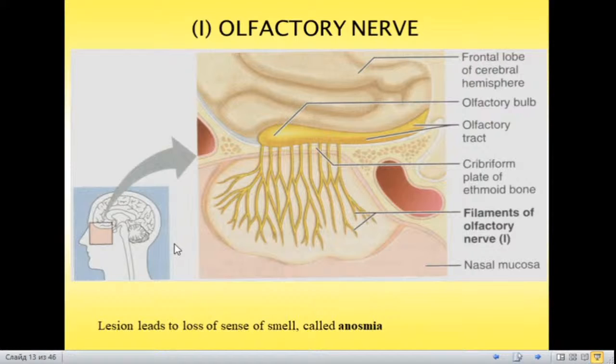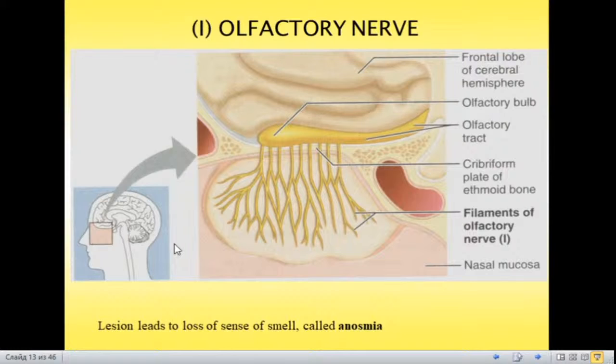First pair of cranial nerves, olfactory nerve or nervus olfactorius. We said that it is false cranial nerve. Due to development, it is derivative of brain, especially telencephalon. And actually, olfactory nerve is a part of conducting tracts of olfactory analyzer.